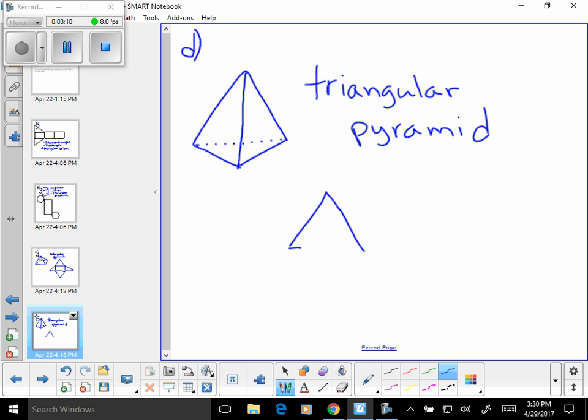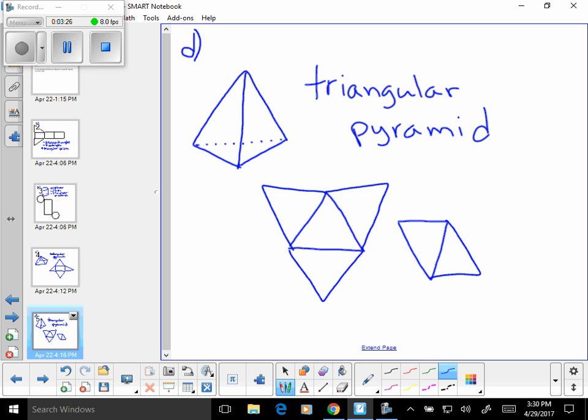One way to draw that is to account for the base and then the three lateral faces. Now, there is another way to draw this, where we start with one of the triangles, then the second triangle, the third triangle, and the fourth triangle.